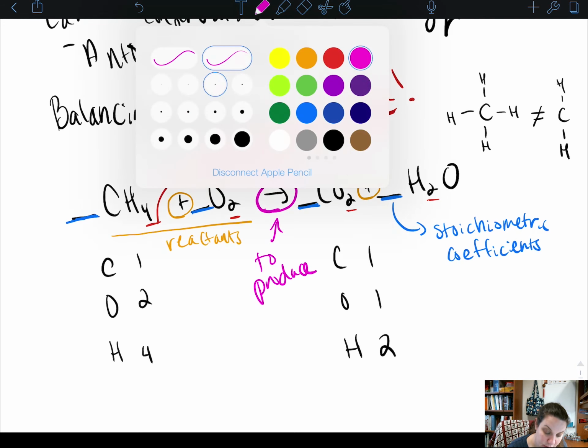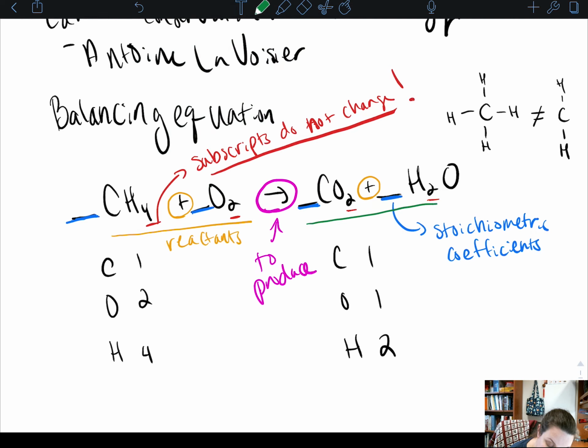And then on this side, these are our products. So on the left side, we've got our reactants. We would say that CH4 reacts with O2 to produce CO2 and water, or H2O.